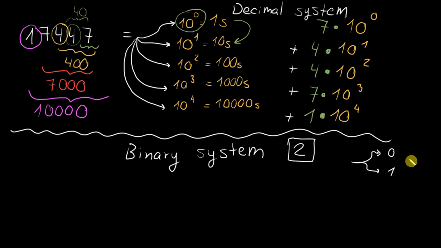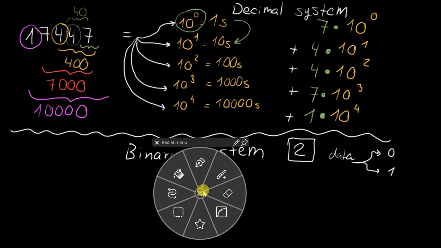That's how a computer knows its information. Let's call this data. It's either a 0 or a 1. We can write down any kind of number using the binary system.